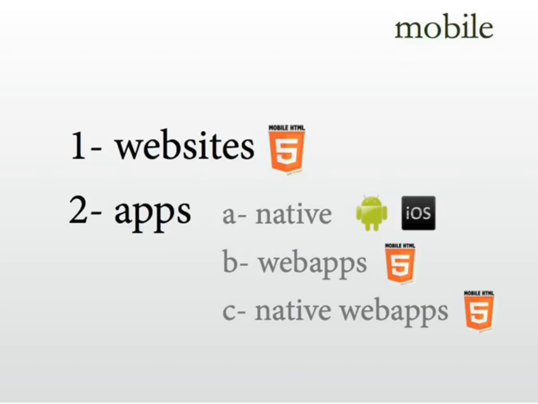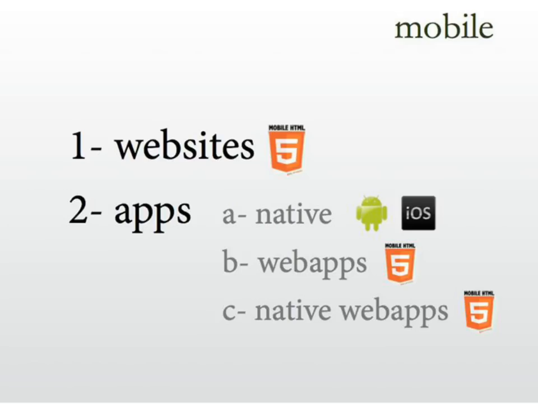The user is not really opening a browser to access our app. And in the apps category, we have different kinds of apps. We have fully native apps for Android, iOS, Windows Phone, and maybe other platforms as well. You're using the Android SDK and the iOS SDK on a Mac to create native apps. There are also other hybrid solutions in the middle.